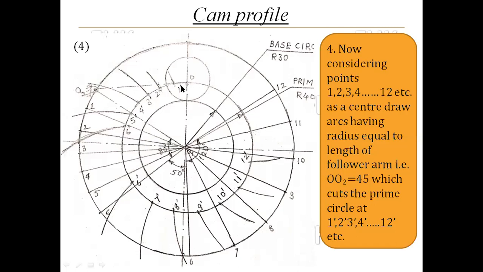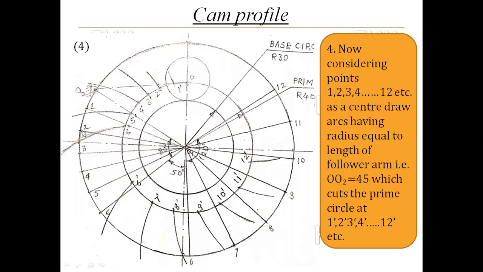Clearly understand the procedure. Length of follower O2O, which is 45 mm, that much distance I will take in the compass. 1 as a center, I will draw the arc which will cut the prime circle at point 1 dash.